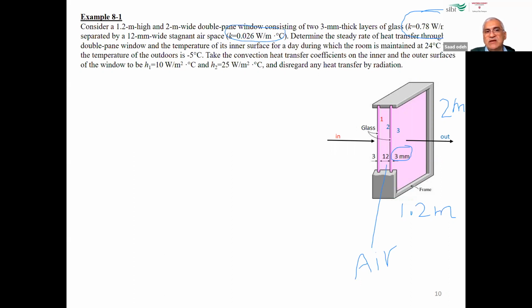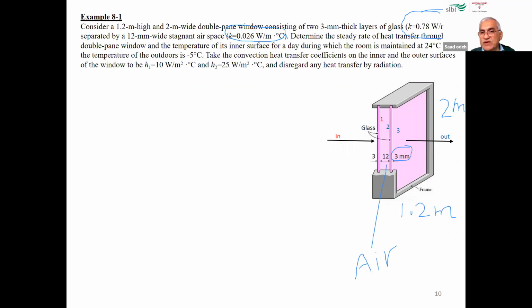And as you see here, we are using K. It's air, we should use H, correct? Because we said in fluid, the heat transfer by convection is the highest value of heat transfer. But in this case, we are using K or heat transfer by conduction because the space is enclosed.